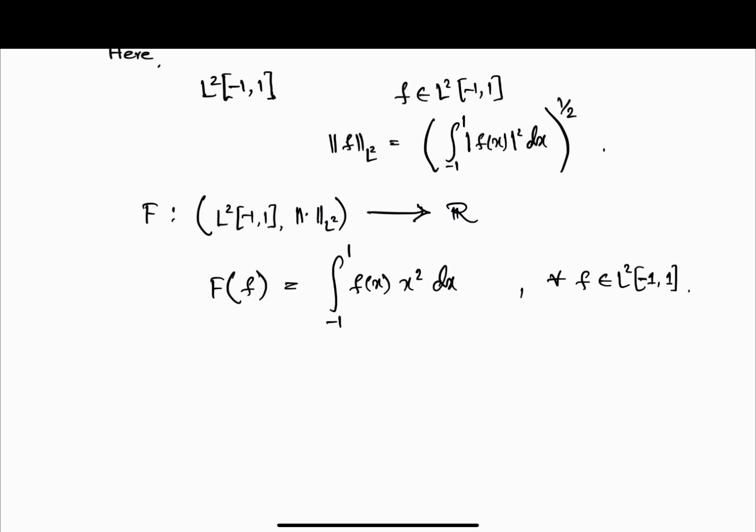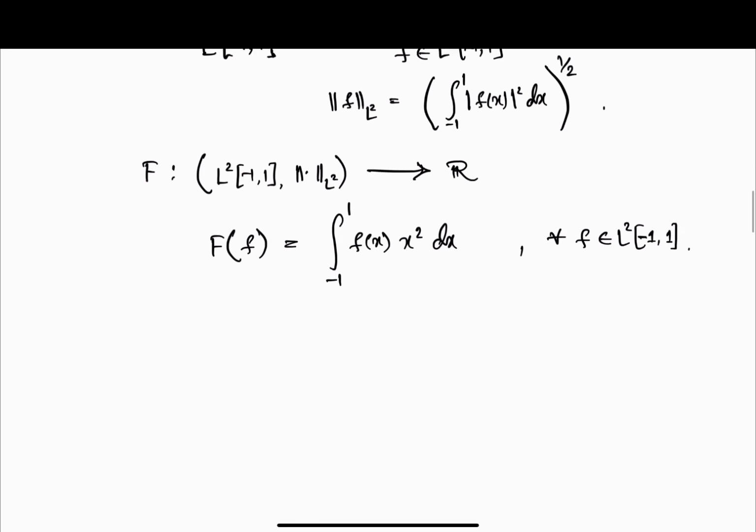By the Riesz representation theorem we know that, because F is a functional, it will be given by the integral of f against some function g. Here g is x square. Then what will be the norm of F? The norm of F will be the norm of g.